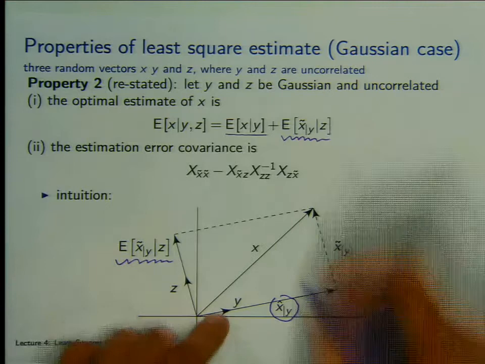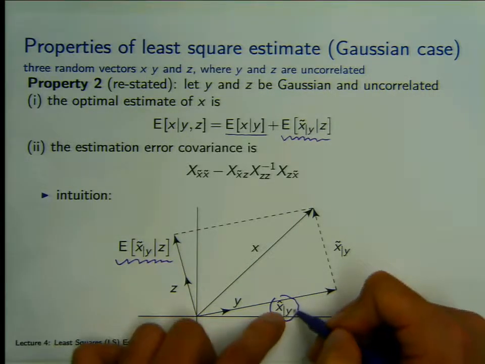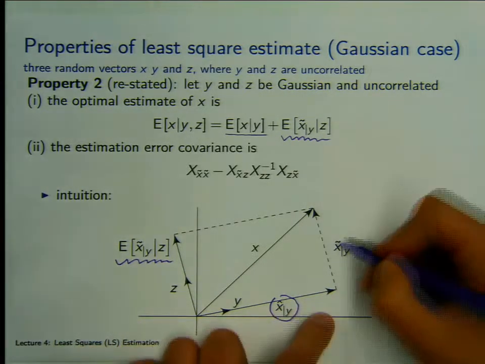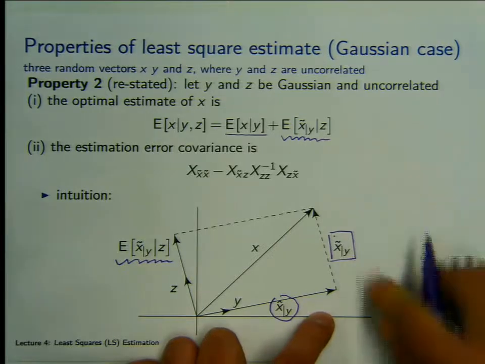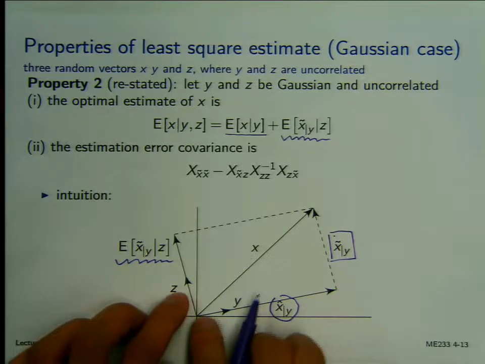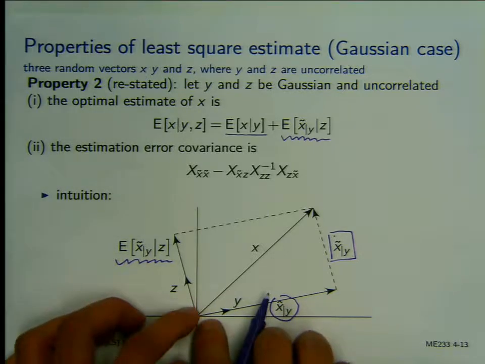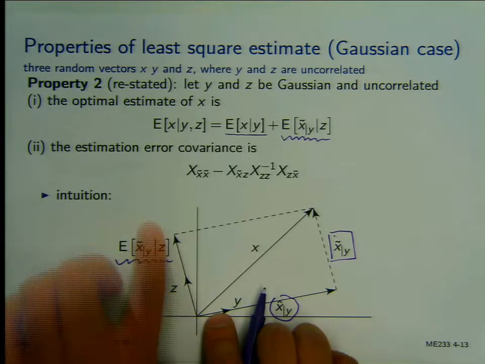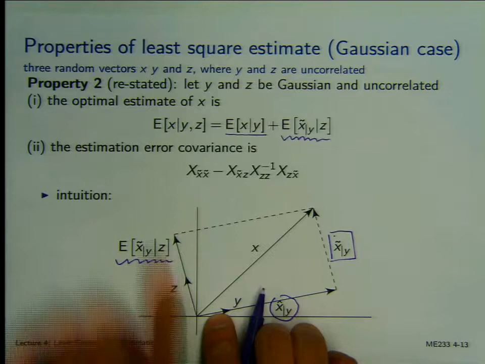Yeah, let me explain. So this guy, you already know why this guy happens. And then this is the residual after I have used information of y. Now, I have a second measurement z, which can provide me information of x along this direction, right?